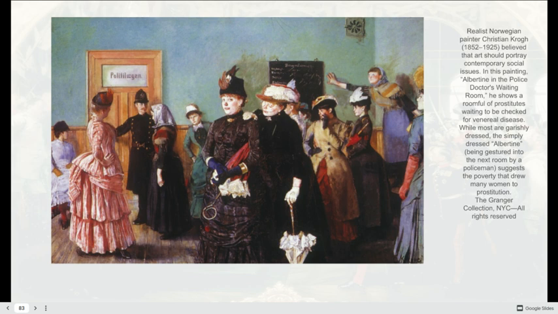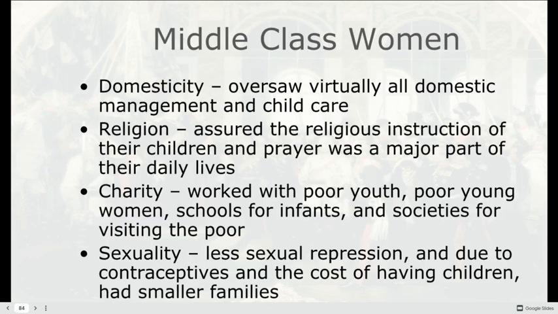And then there was middle class women. Their main goal was to be a mother and wife, making sure that their children received a good religious education, and that they contributed to charity.